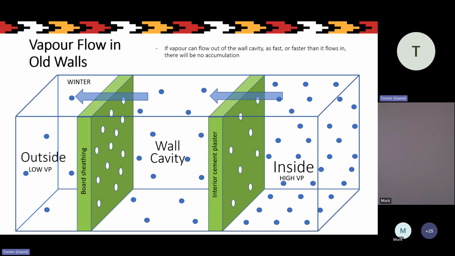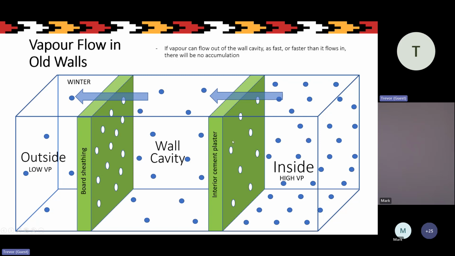Instead of using plywood on the outside, we use whole boards, and they typically have a 1/2 inch to 3/4 inch gap between them. Because of that, if we look at the vapor flow characteristics of these two things, the interior plaster is actually more vapor closed, less vapor permeable than the board sheathing.